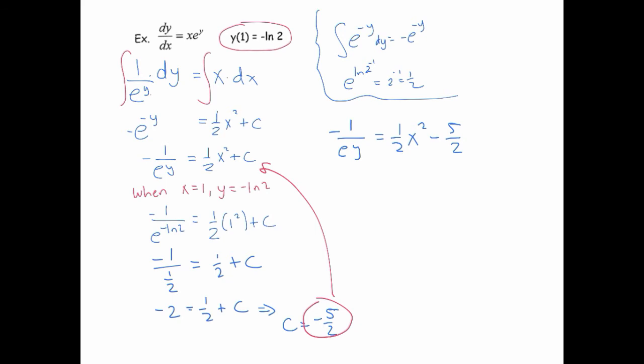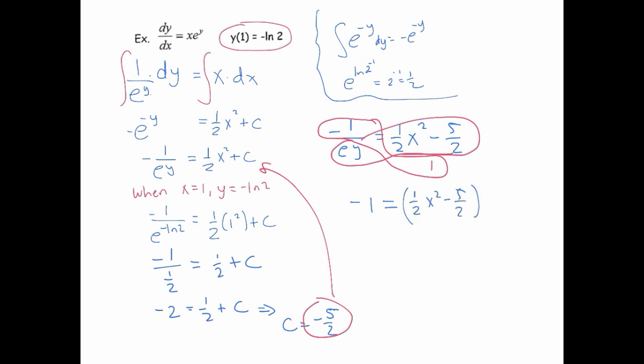I'm going to view this right side as being over 1, and then cross multiply to make this look like negative 1 equals 1/2 x squared minus 5/2 times e to the y. Don't distribute that e to the y because you don't want it to get tangled up with the x's.